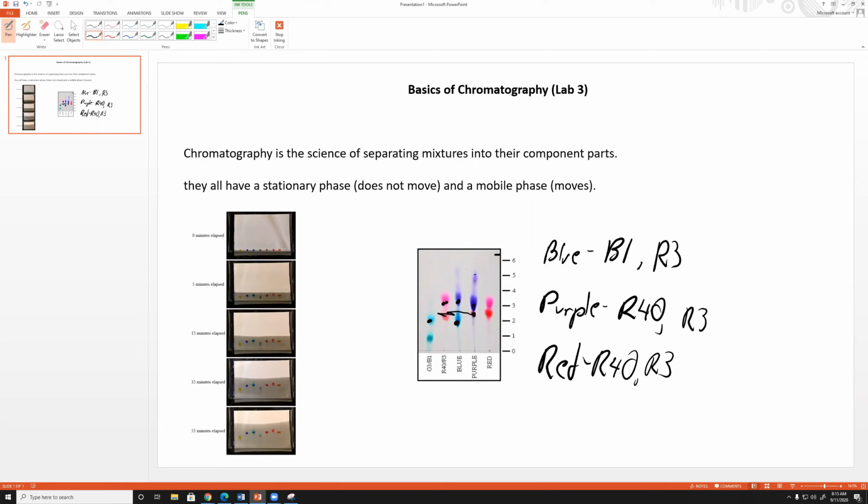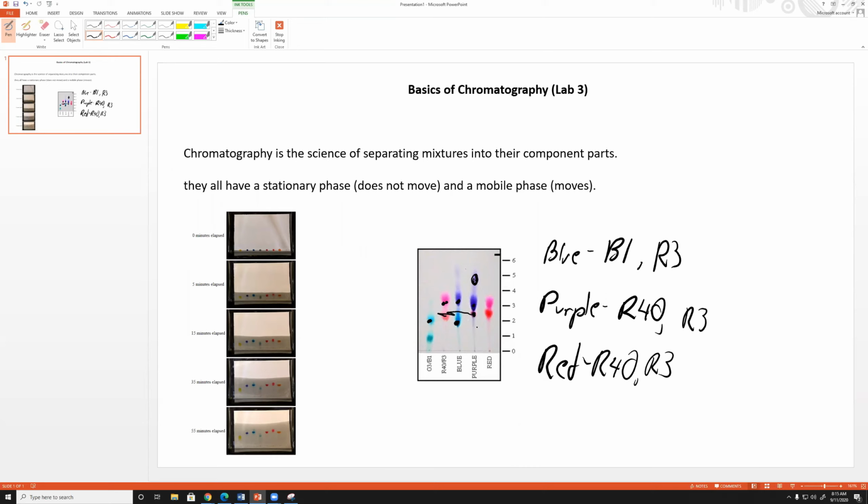In the purple dye, you see this little trace amount of component that has moved further than any of the other dyes. This component is not labeled, and we don't have a control to know what it is, but it could be the missing component that makes this food coloring purple. The red food coloring doesn't have that. So there are differences. That's about it for chromatography in terms of interpretation.